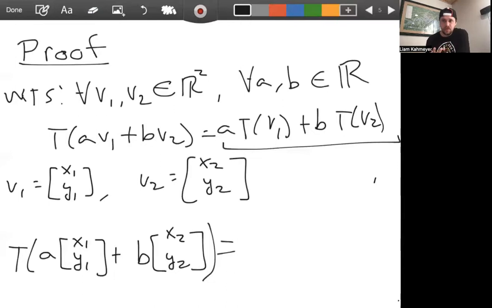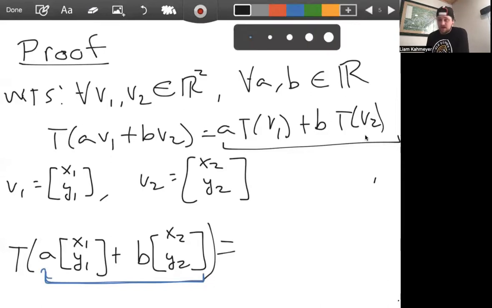So how do we show this? Well, to show this, we first simplify the expression inside of the function, or the map.